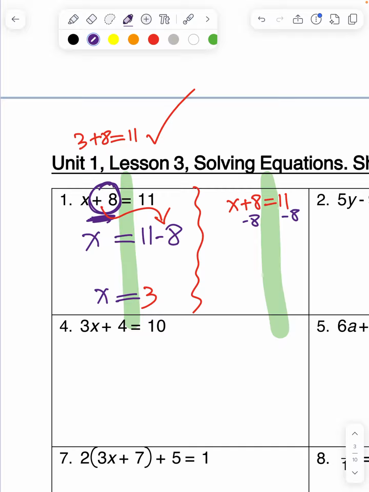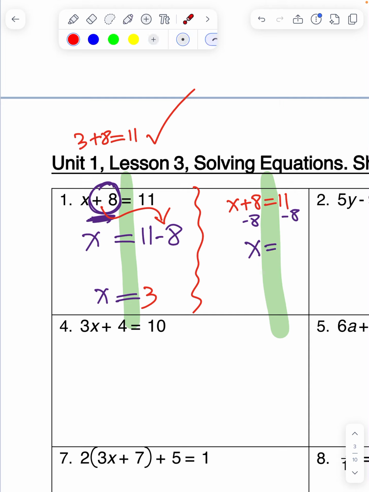You do something to the left side. You have to do something to the right side, right? So your new equation still holds. Okay, so positive 8 minus 8, this part will be gone, right? Positive 8 minus 8, that's 0. We only have x left.